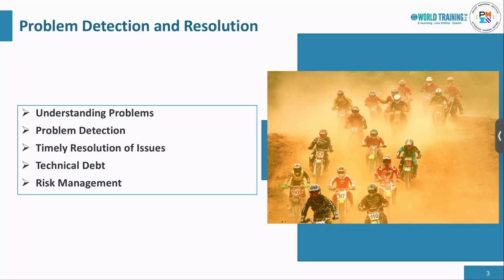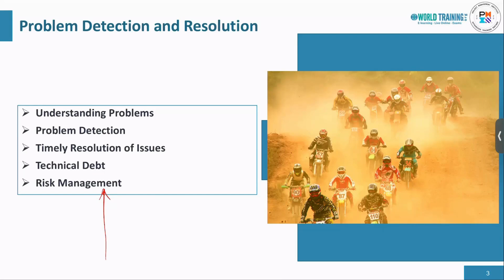In the fourth section, we will be discussing technical debt, causes of technical debt, and how to handle technical debt. And in the last section, we will be talking about risk management in agile projects. We will be talking about identification of risk, risk analysis, implicit risk management, explicit risk management.